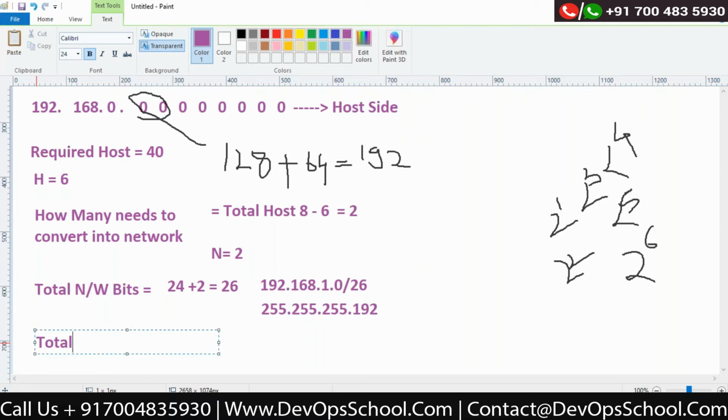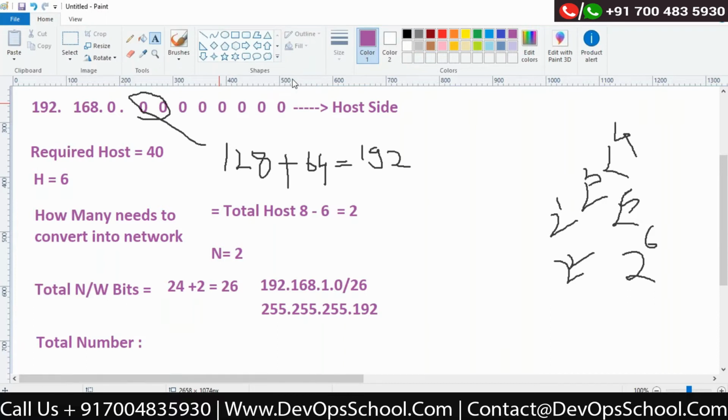Now understand how many networks we are getting and how much per network. So the total number of networks would be, we already have the N value, N is 2, correct. The total number of networks would be 2 raised to this N value, so 2 raised to 2.